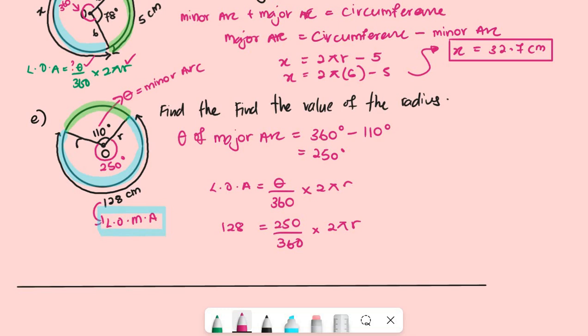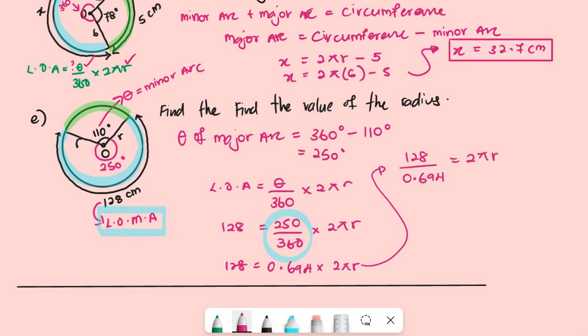But if I were to do this step by step, I will solve this part first. Once I solve 250 divided by 360, I will get 0.694 times 2 pi r. And then from here, I will take 128 divided by 0.694 equals 2 pi r. I'm just trying to bring everything to the other side so that I can make the radius alone. So I take 128 divided by 0.694.